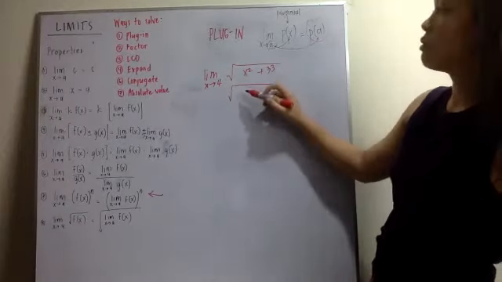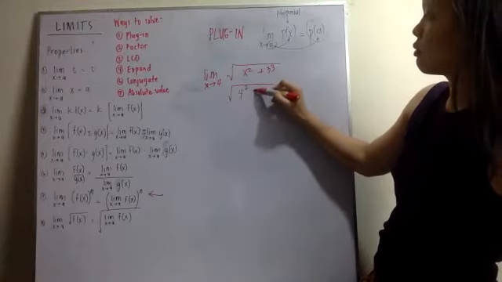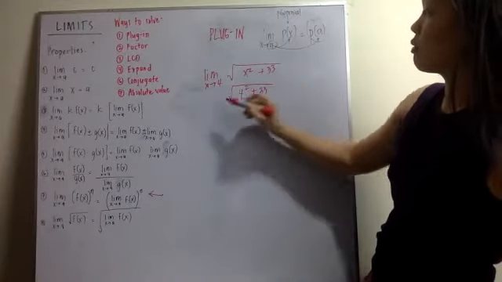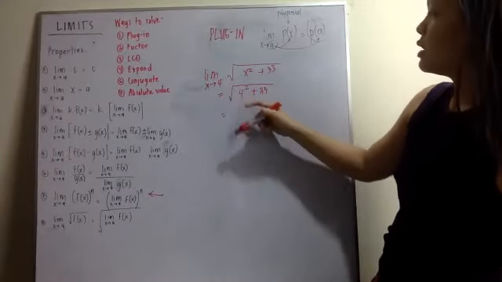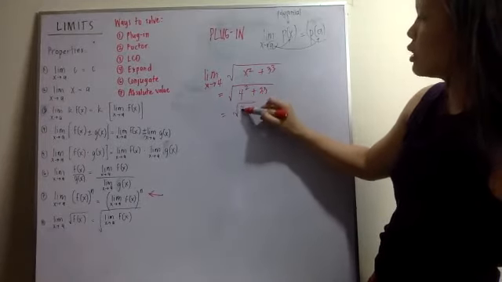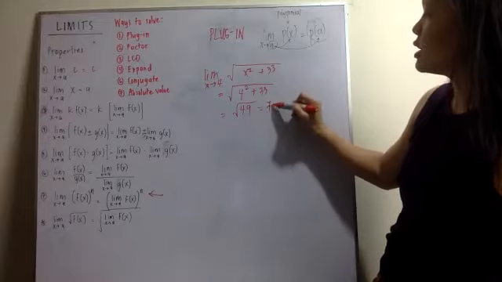So, yung sa akin po is 7 since na-square root yung 49. Okay, good. 16 plus 33, that's equal to 49 or 7.